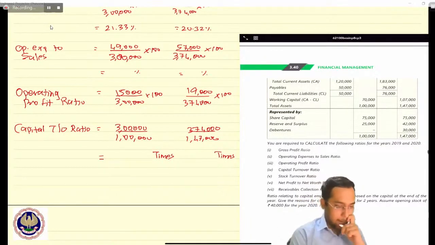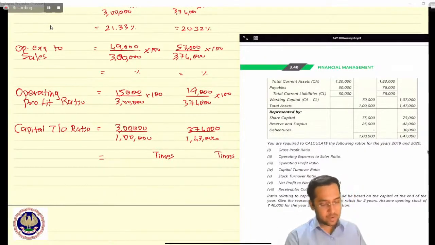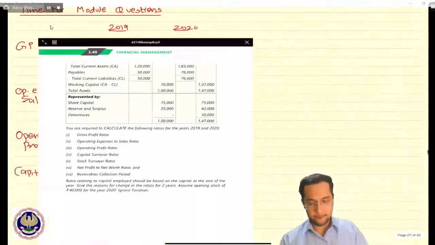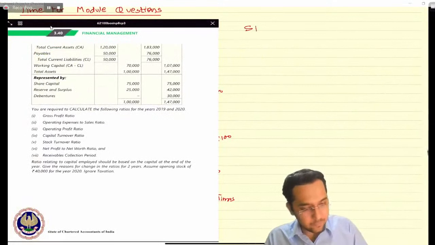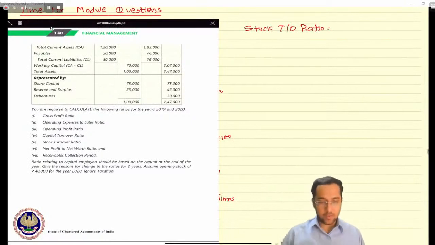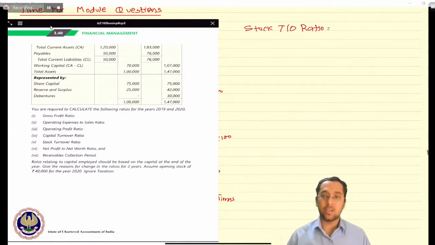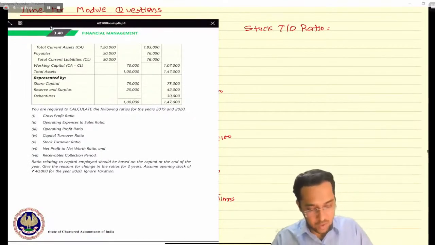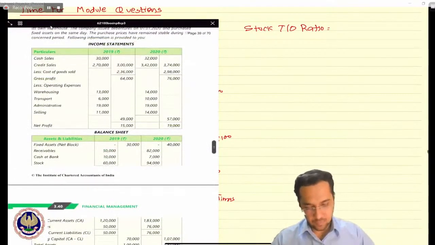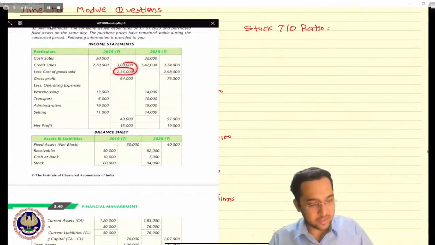Okay. After capital turnover, next is stock turnover ratio. You can simply compute it as COGS upon average stock. COGS for the first year, we find that it's 2,36,000.